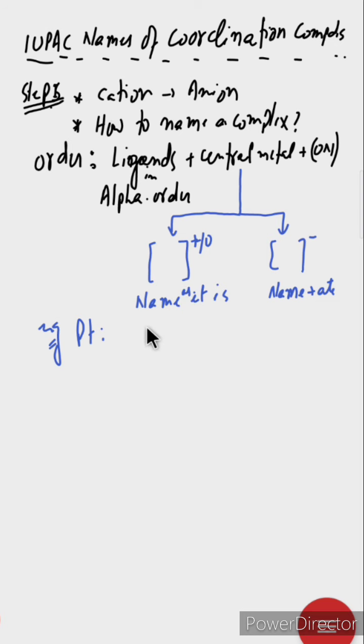We must write platinum only. But if the complex is an anionic complex, then this must be named as platinate.